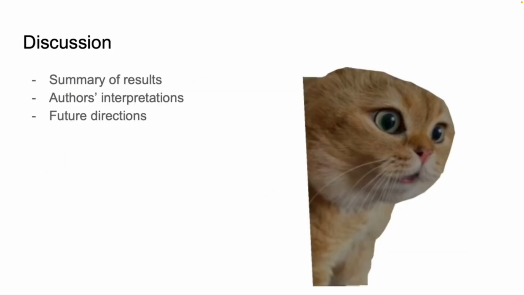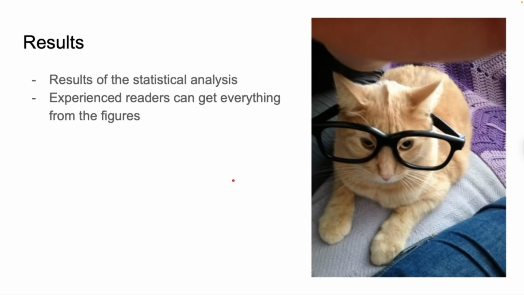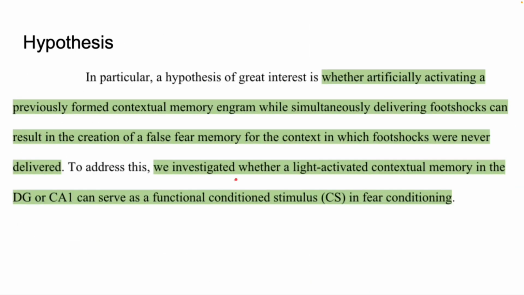Okay, so I want you to restate their research question. Yes, I can. That was a while back. So the research question is whether artificially activating a previously formed contextual memory engram, that's for context A, right? They formed that contextual memory engram while simultaneously delivering foot shocks.